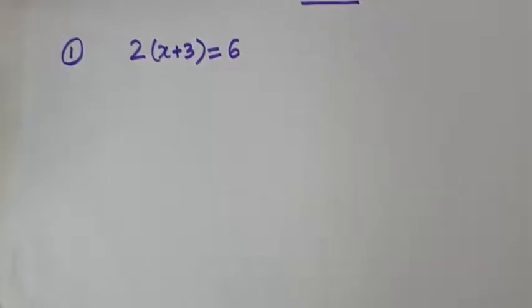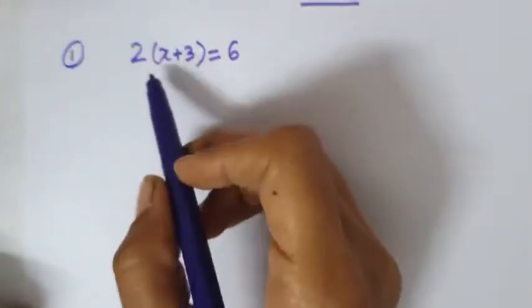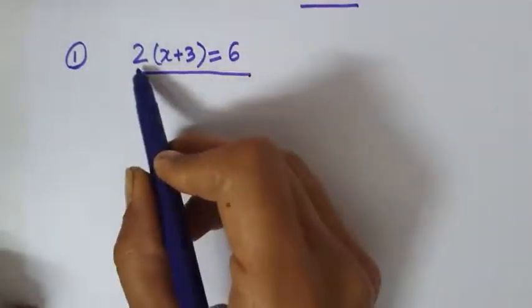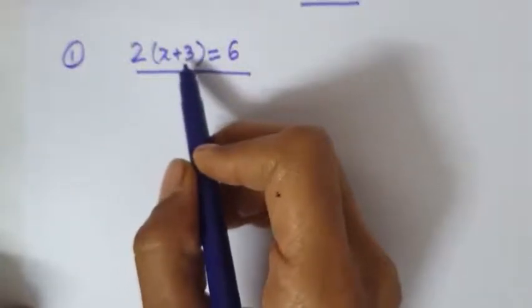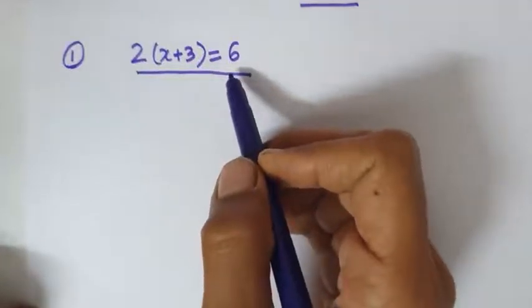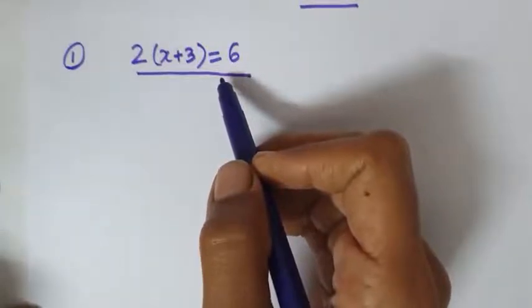Now let us start. How can we find the solution of equations? So the first question is, find the solution of this equation. What is the equation? 2 in the bracket x plus 3 is equal to 6. So students, what is the method of solving an equation?